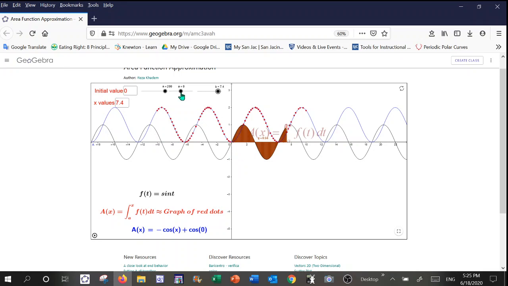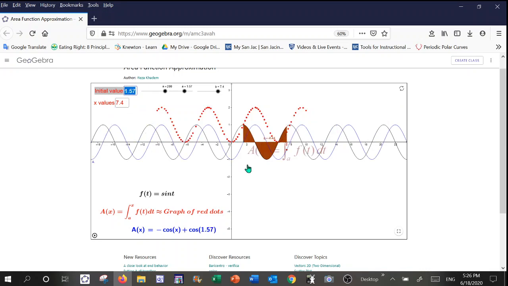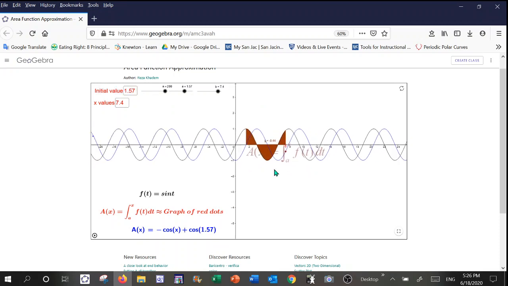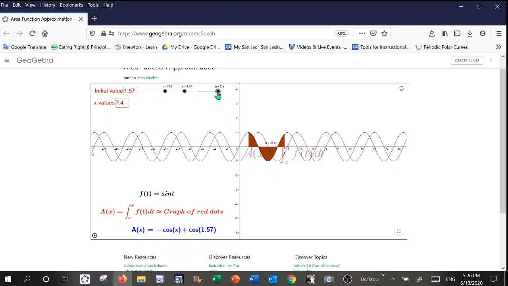Now, what value of a gives me the antiderivative function that is just negative cosine, where c is 0? Well, think of what number has cosine equal to 0. Cosine of pi over 2 is 0. So for the initial value, I'm going to put pi divided by 2. There. And now my area function is going to be negative cosine.